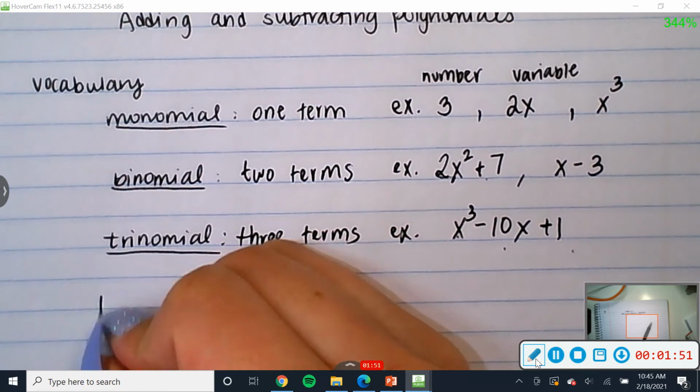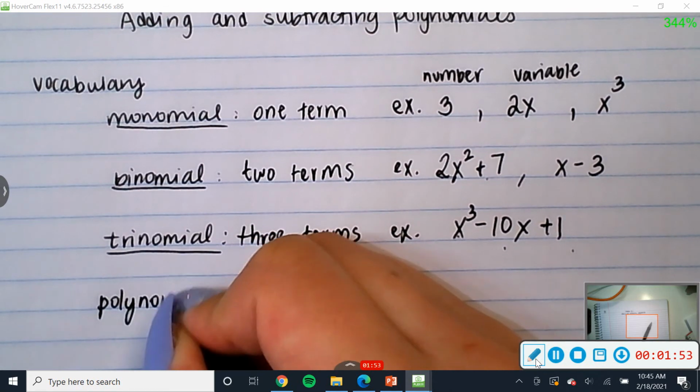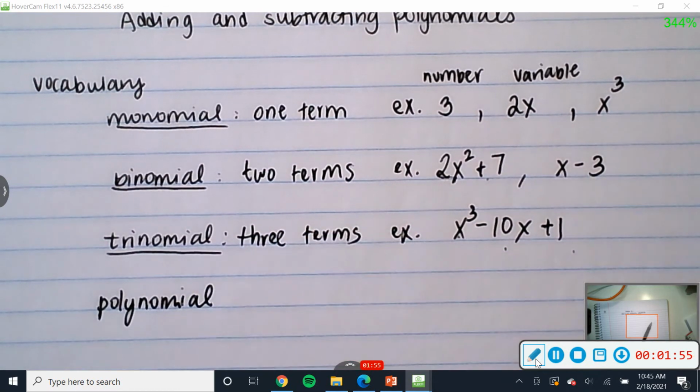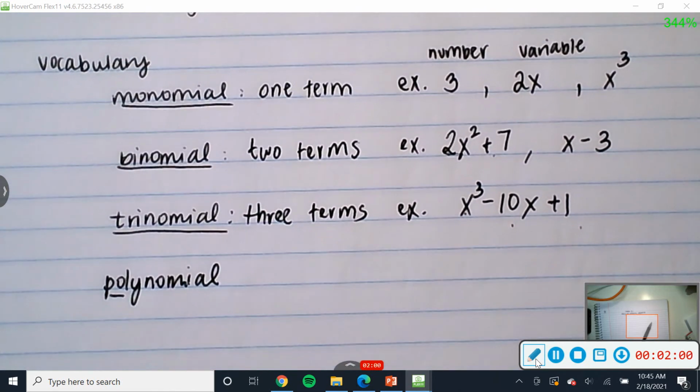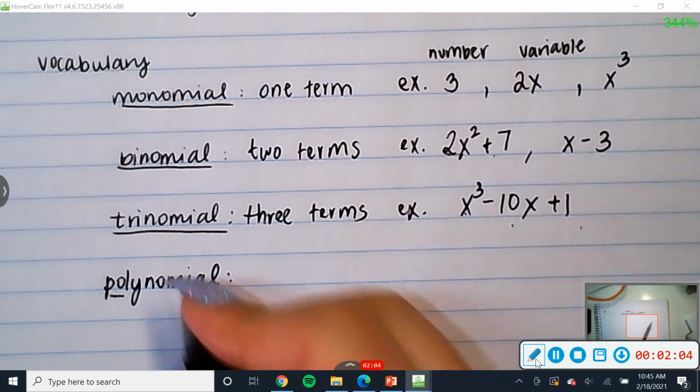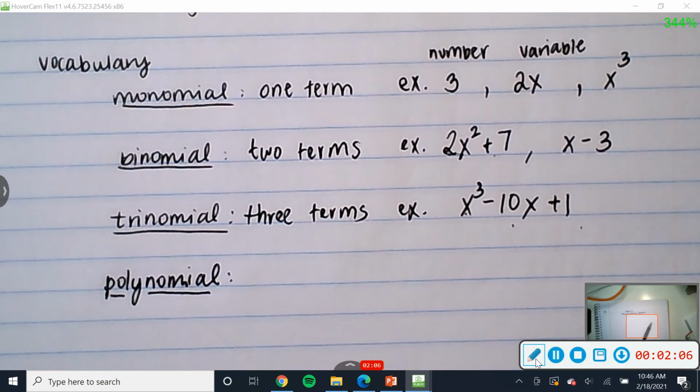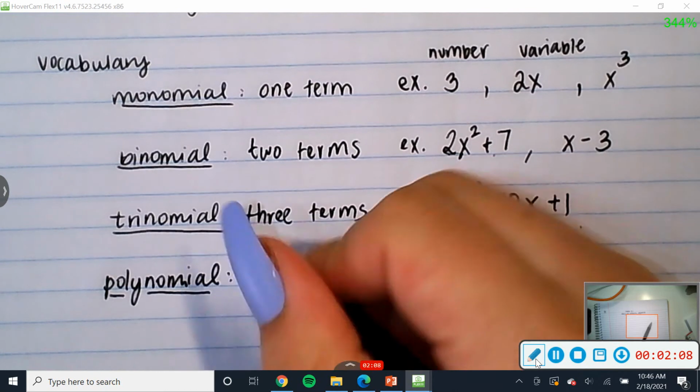The final vocab word which you saw in our objective is polynomial. So poly means many. So polynomial is a very general term, a general word that we use to refer to anything with multiple terms.